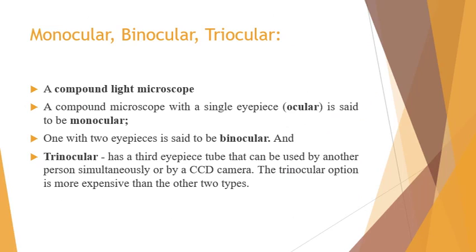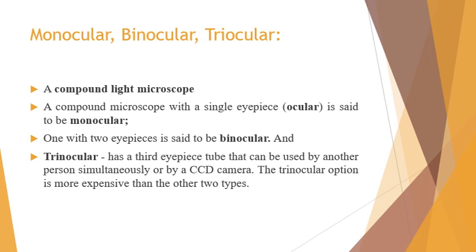So a compound light microscope has more than one lens and its own light source. The parts of the modern microscope and the path light takes through it are shown in the figure later on in this lecture.